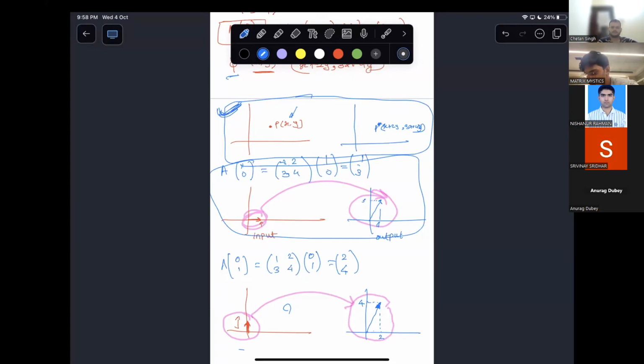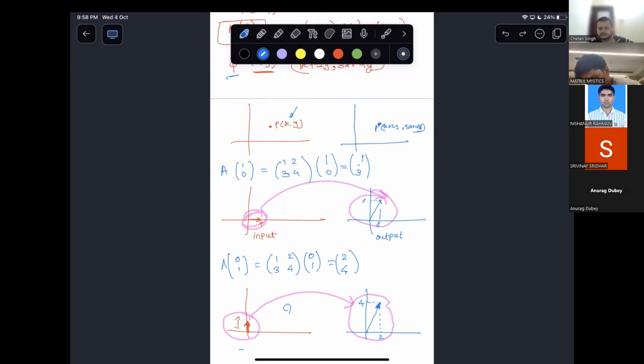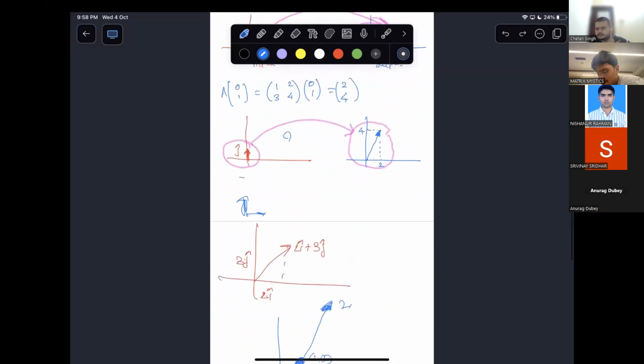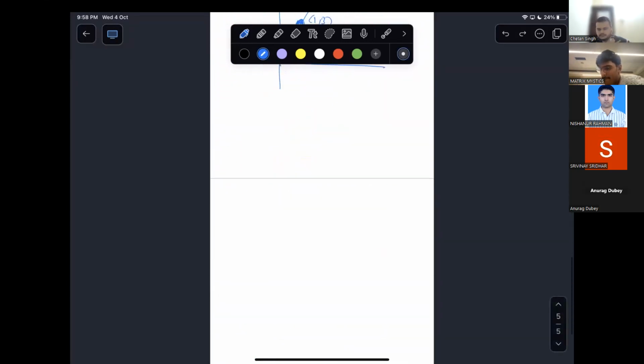Let's think about what a matrix does and explain what happens when you input 1, 0 and 0, 1 again. And once we do that, we can jump to 0, 0. Sure. So we'll take another matrix as an example.